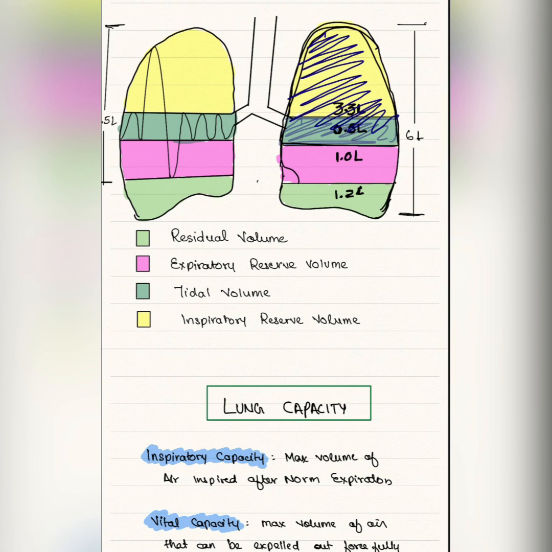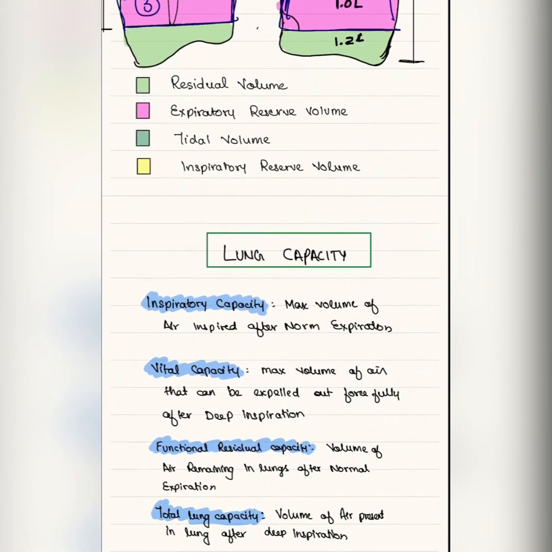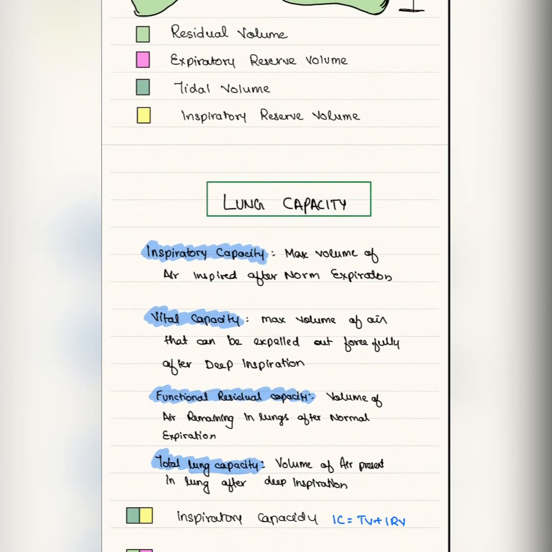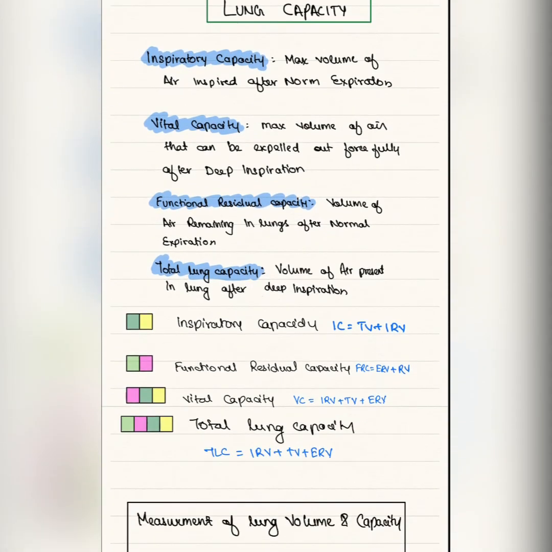Then the amount of volume that is expelled is considered vital capacity. That is this part of the lung. As you can see, the yellow, green and this pink one, this 1, 2, 3, is the amount of volume that is exhaled, which is considered vital capacity, and it includes inspiratory reserve volume, tidal volume, and expiratory reserve volume.